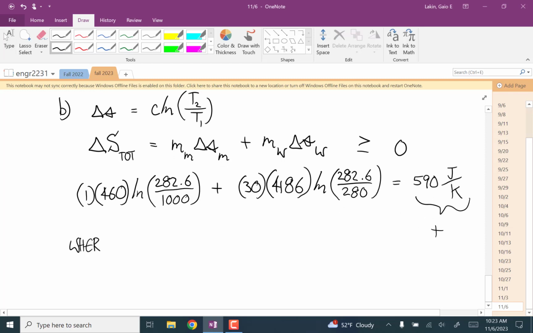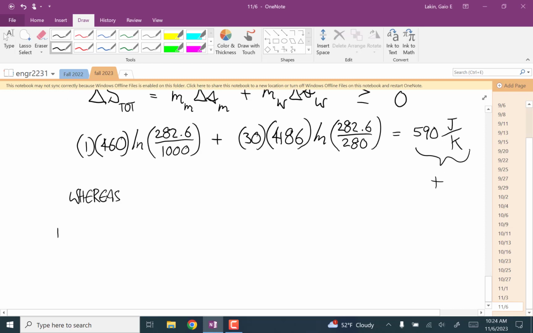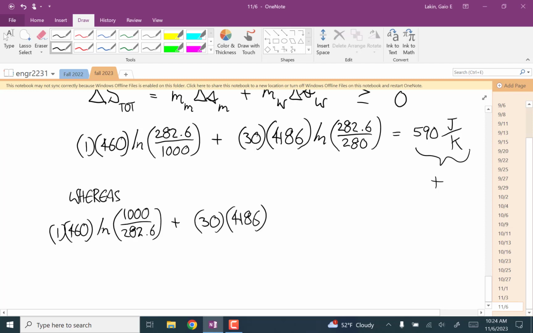So 1 times 460 times the natural log of 1,000 over 282.6 plus 30 times 4186 times the natural log of 280 over 282.6 is equal to negative 590 joules per Kelvin. And that's impossible.